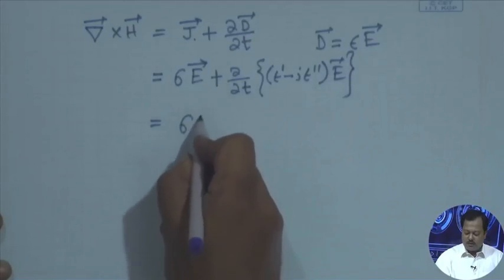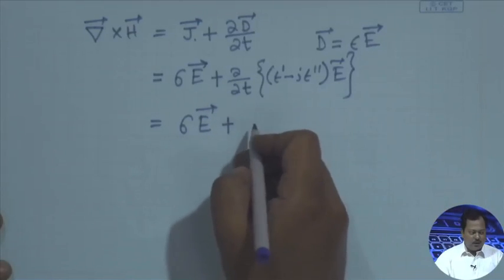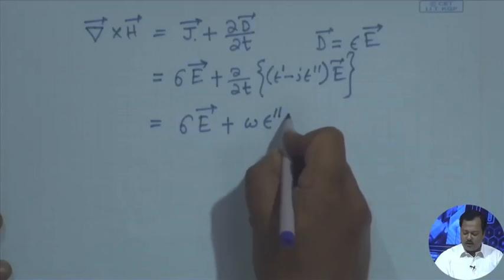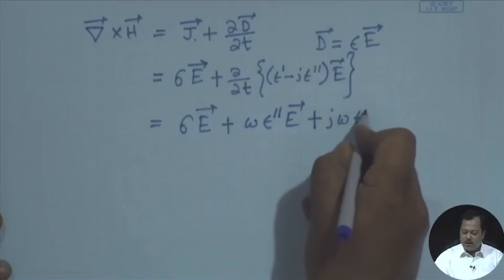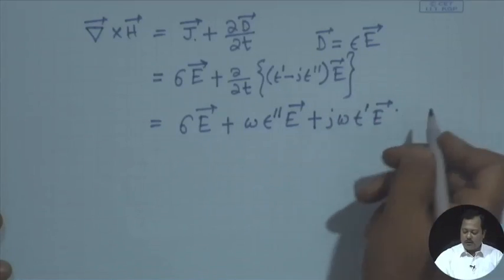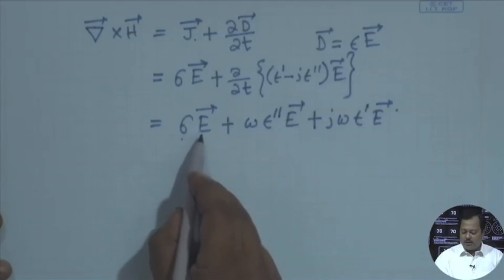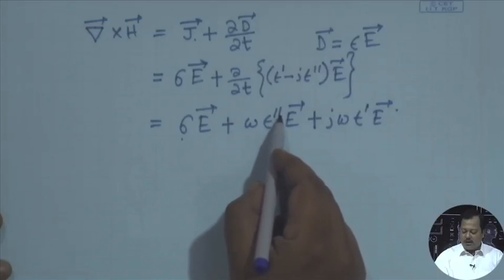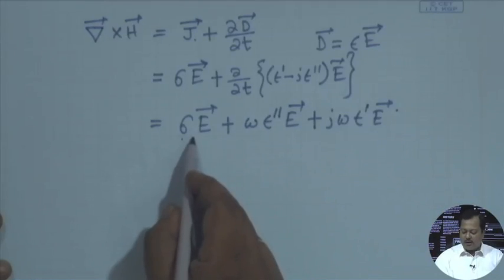So, it comes to sigma E plus omega epsilon double dashed E, plus the imaginary quantity j omega epsilon dashed E. Because of this real quantity sigma, we know that this medium will behave as a lossy medium. Now, we see the real quantity from epsilon double dashed adds up in the final expression with this real quantity.